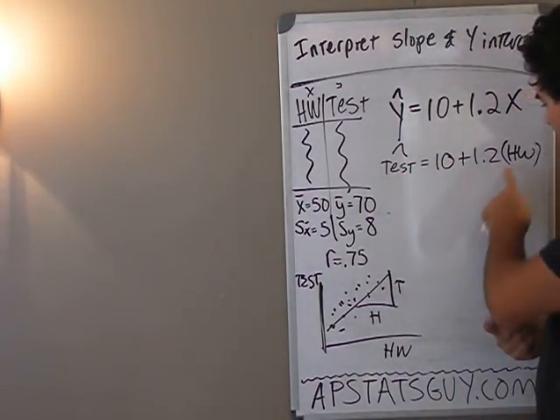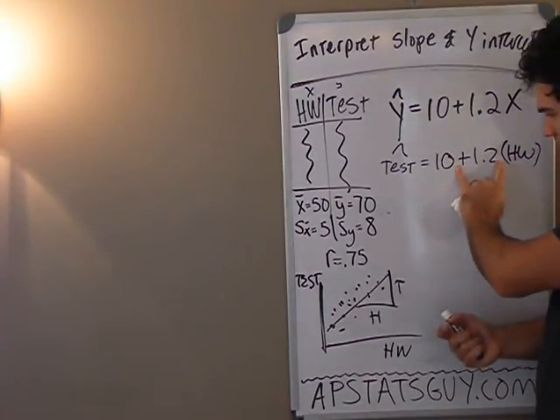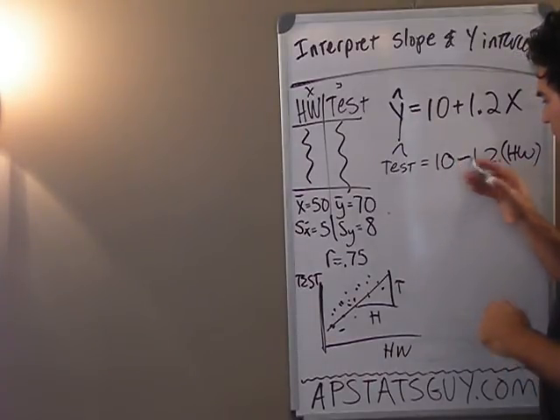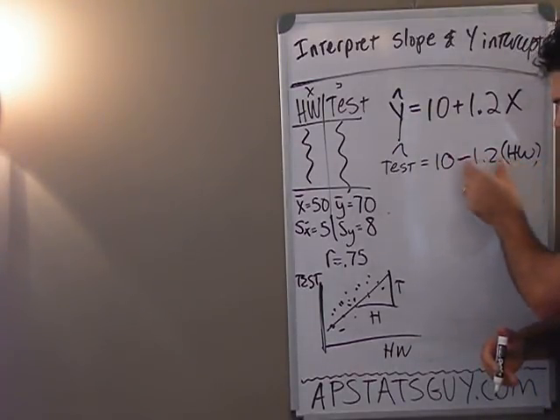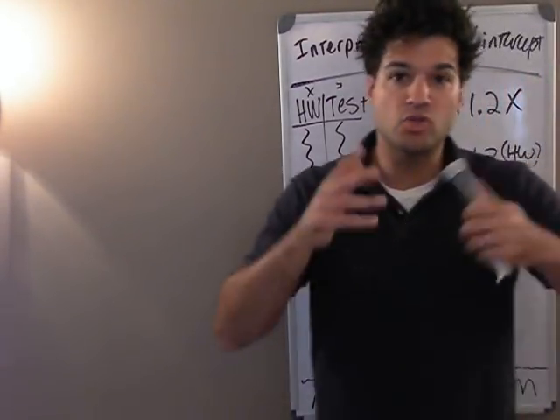So for every 1 homework point increase, there's an increase of 1.2 test points. If this was negative, it would be for every 1 increase in homework, there's a decrease of 1.2 test points. And that's how you interpret the slope.